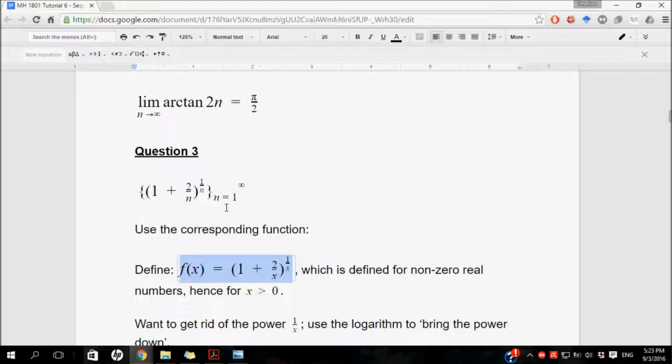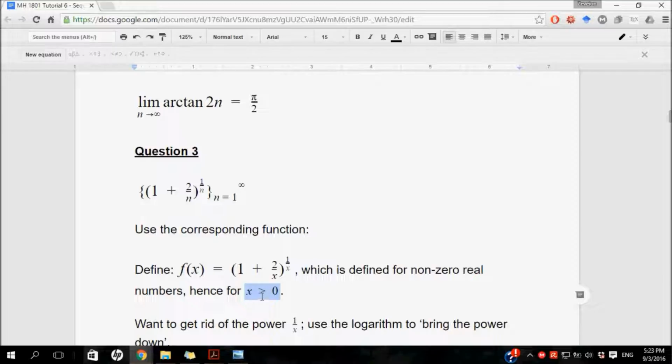But here we need to be careful because x can be a real number, and this is going to be defined only for non-zero real numbers. But because we are only interested in natural numbers, so n is always positive, we know for sure that this function is always defined when x is greater than 0.